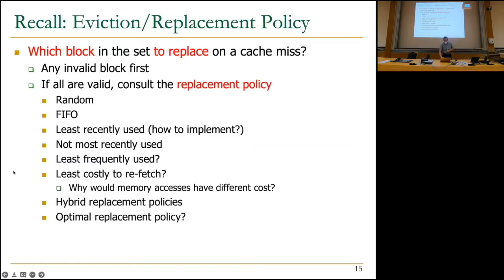We're going to talk about some of these, but keep in mind that hybrid replacement policies are also possible, just like hybrid branch predictors. If you remember, when we designed branch predictors in lectures 16 and 17, we said that different branches benefit from different algorithms for better predictability. Some branches are better predictable using local predictors. Some are better predictable using global predictors. Some are better predictable using perceptrons potentially.